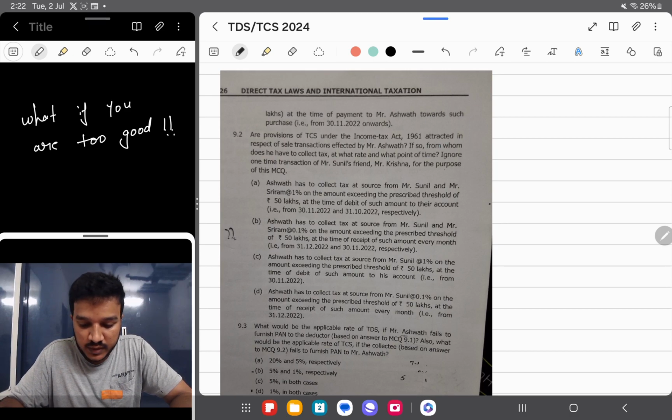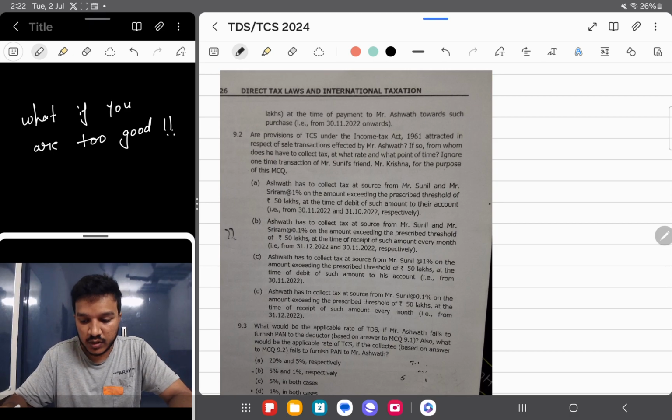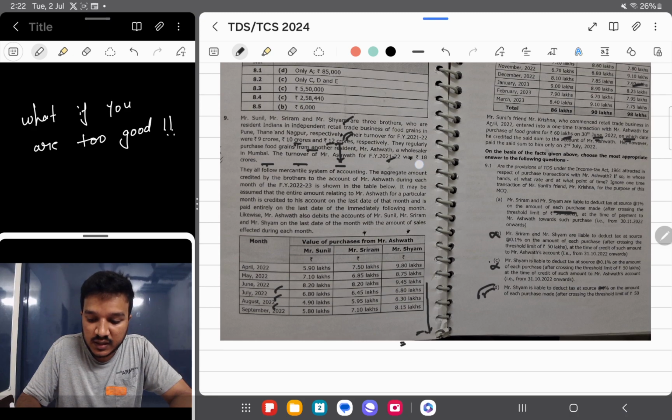If so, to whom? He is asking from the seller's point of view whether TCS provisions are applicable or not. In the first question we saw the TDS provisions from Sham's point of view. Now we will see from Ashwath's point of view, because Ashwath's previous year turnover is more than 10 crores, which is 18 crores, and he is also selling more than 50 lakhs to these two parties, Sunil and Sriram.